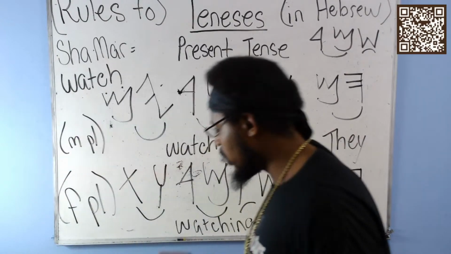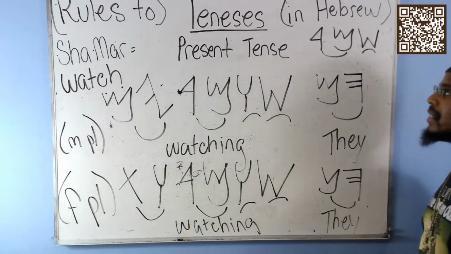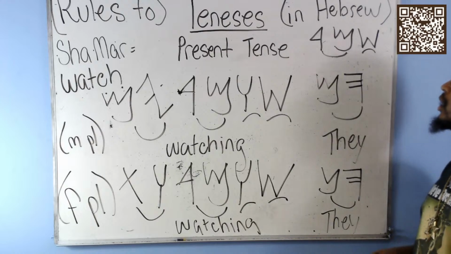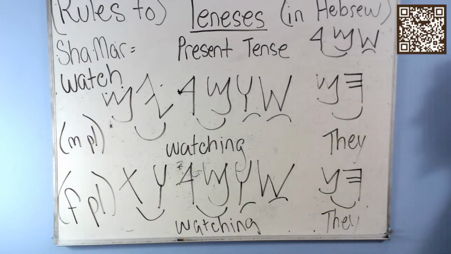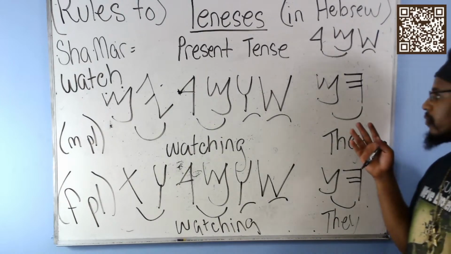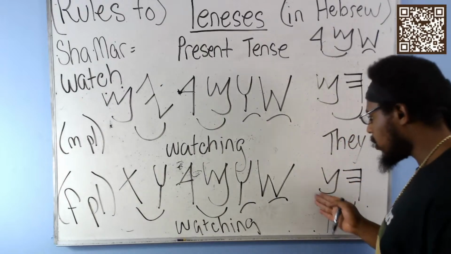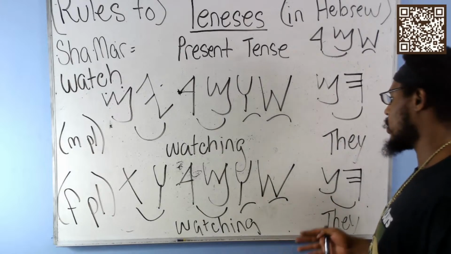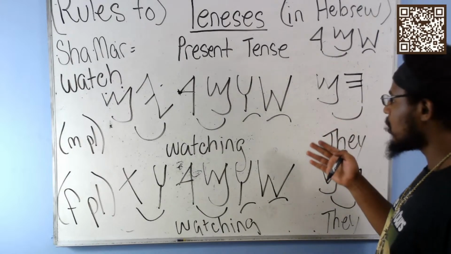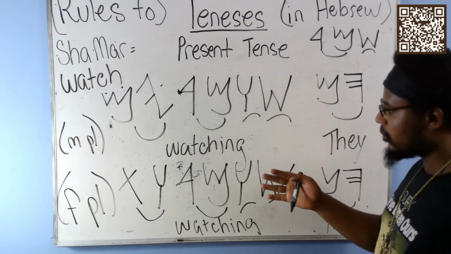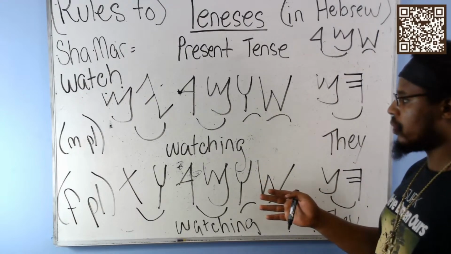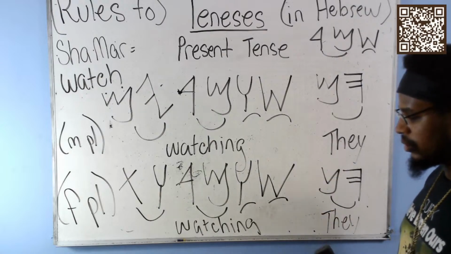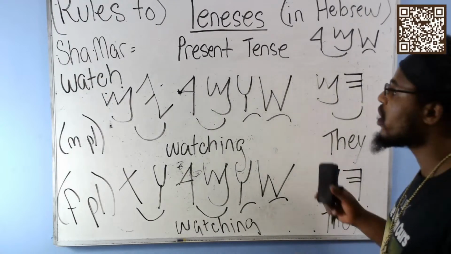So these were the rules for the present tense, using the word shamar as our root word. And shamar means watch. And this one is hun, shawa, mar, wa, feminine plural. They're watching. And hum, shawa, mar, young, masculine plural. So now you get the tenses for the present tense.